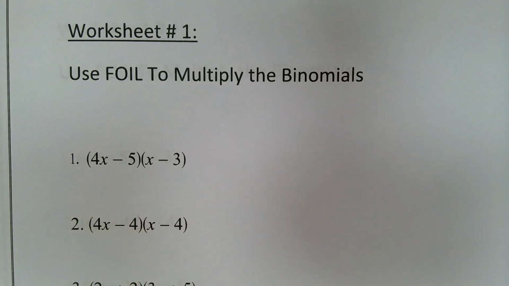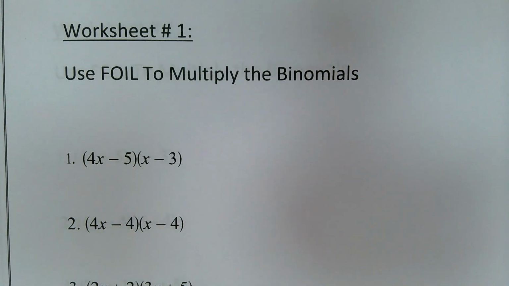All right, so let's look at the first problem together. We are multiplying 4x minus 5 by x minus 3. Oh, thank you for saying something. I had no idea. There we go.